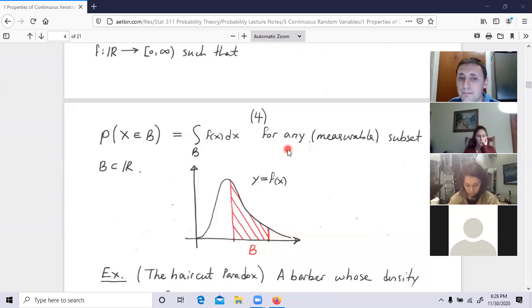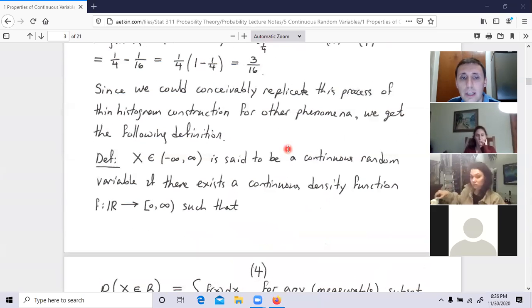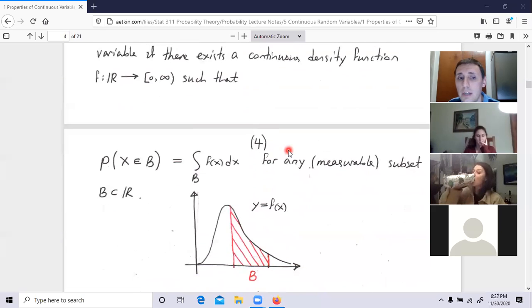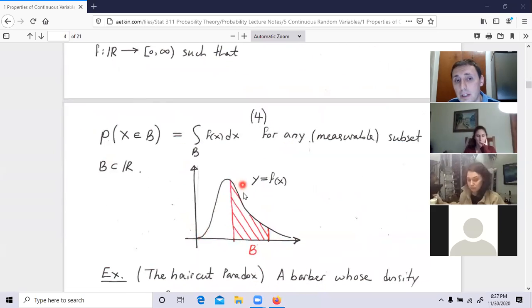Right? So if that curve is continuous, then we say that x is a continuous random variable, and that density function is supposed to do the following. The probability that x is an element of whatever set B is the integral over B. So the probability that x actually takes a value here is just the integral over B of this curve, because it's just adding up the thin rectangles.